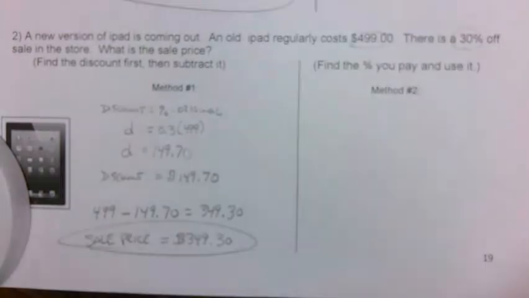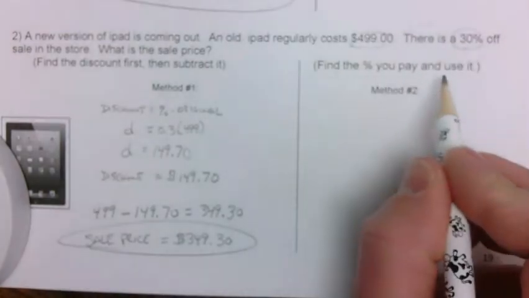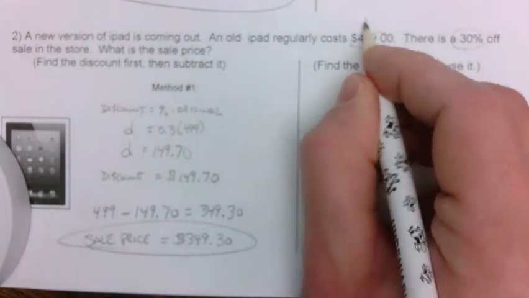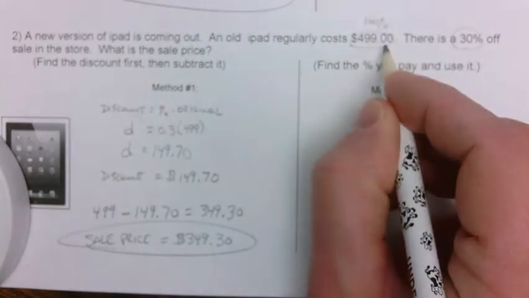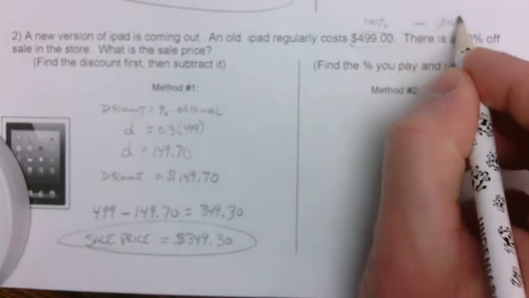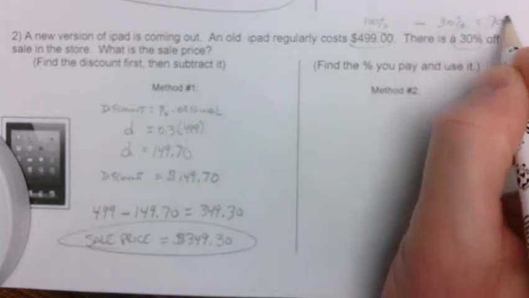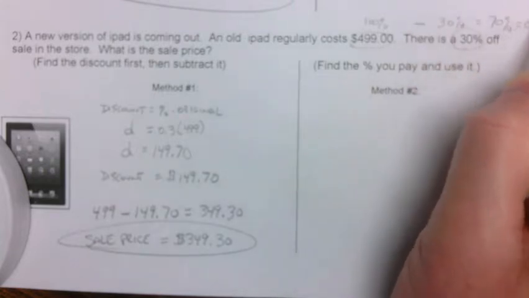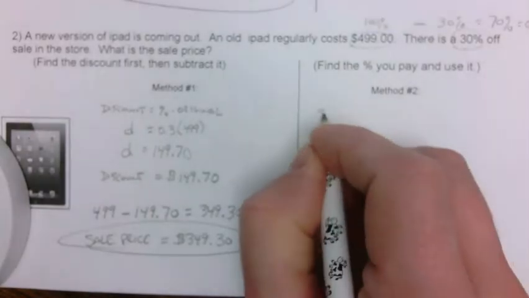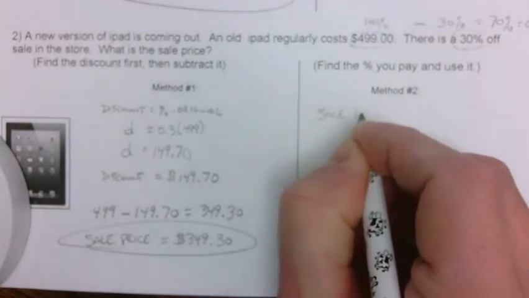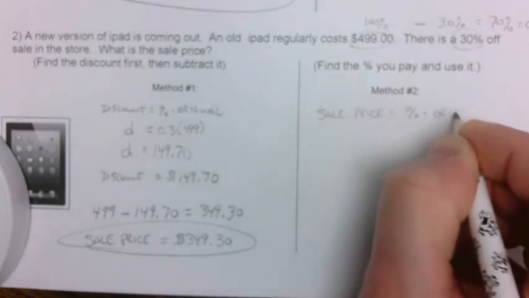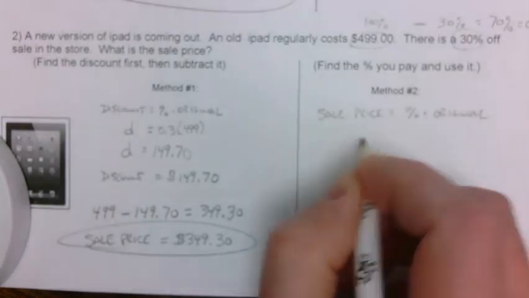The other method, again, find the percent that you pay and then use it. Okay, so 100% of the price was $499. 30% off, we're going to subtract 30%. That means we're still going to pay 70%, which as a decimal is 7/10. Okay, so sale price is equal to a percentage of the original cost.